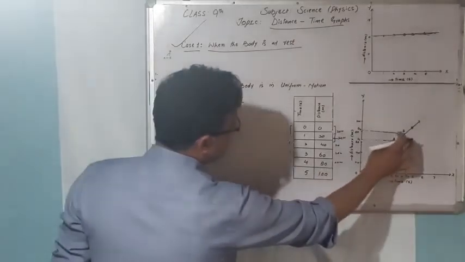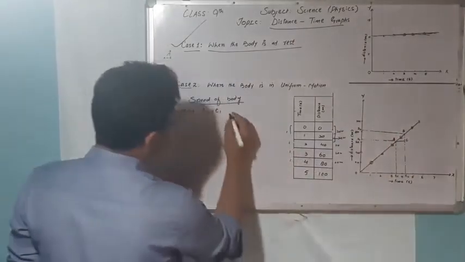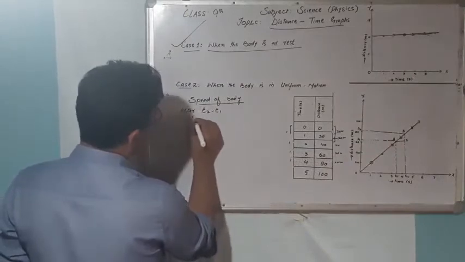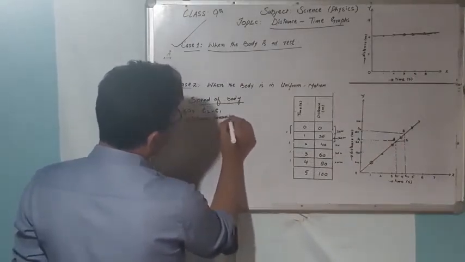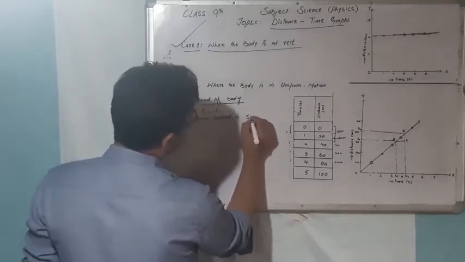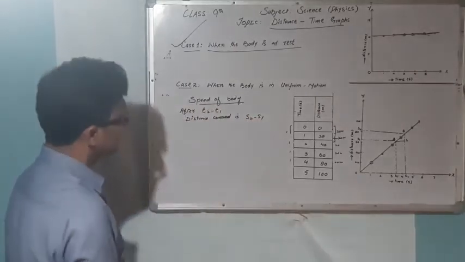It will be s2 minus s1. The distance covered is s2 minus s1.